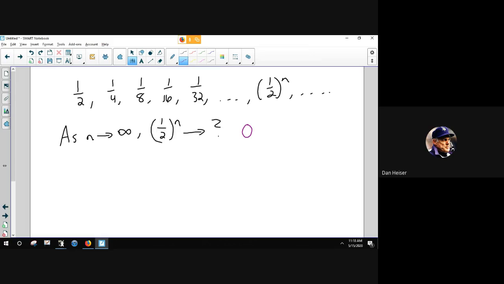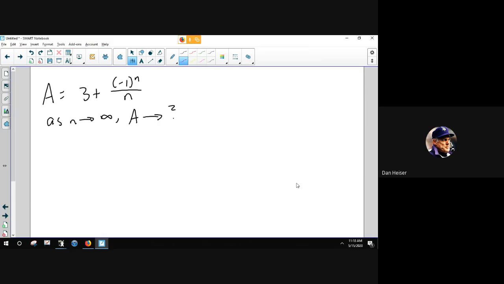That's extremely small. For all intents and purposes, it's virtually 0, even though it's not really 0. So as n grows, 1/2 to the n approaches the value 0.